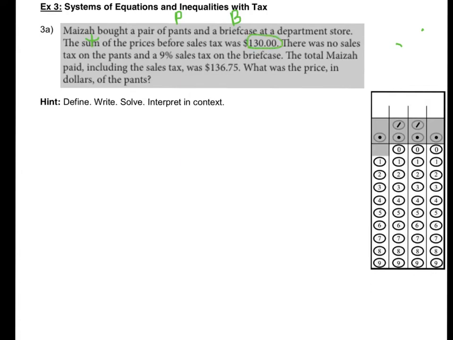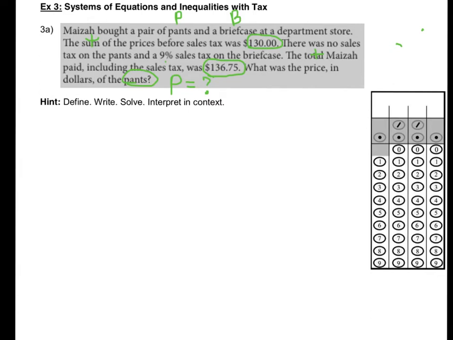There was no sales tax on the pants for whatever reason, but a 9% sales tax on the briefcase. The total that he paid including sales tax, so that 9% on the briefcase, was $136.75. We're trying to figure out how much the pants cost. That's our job. P equals what? How much are those pants?